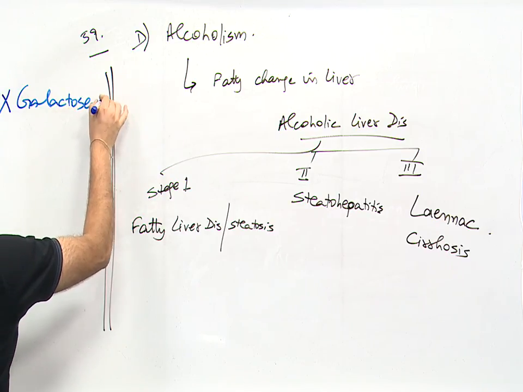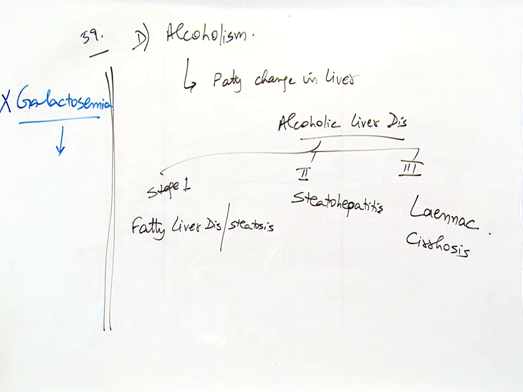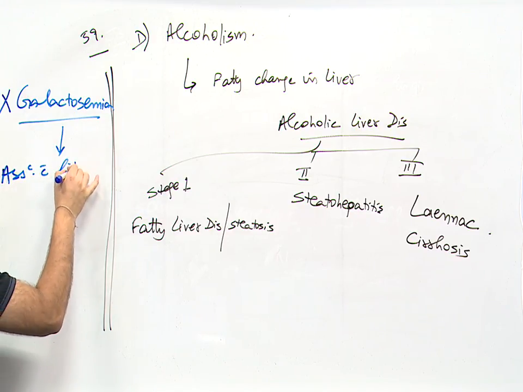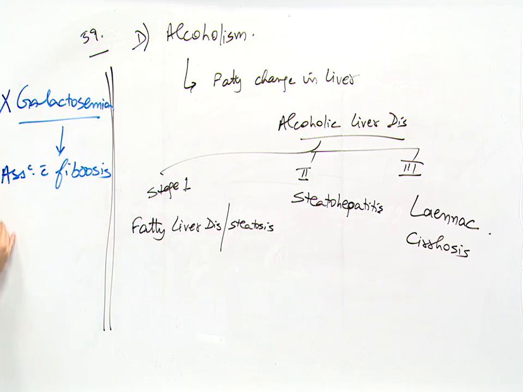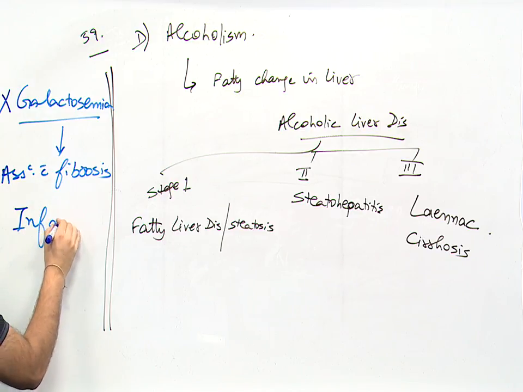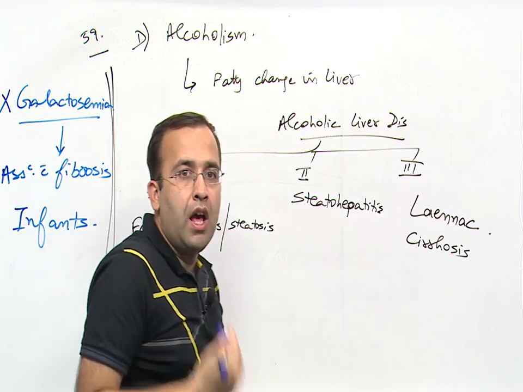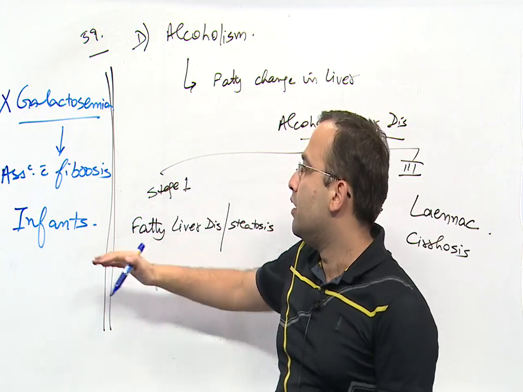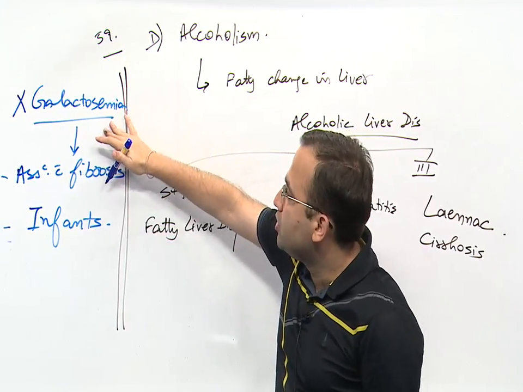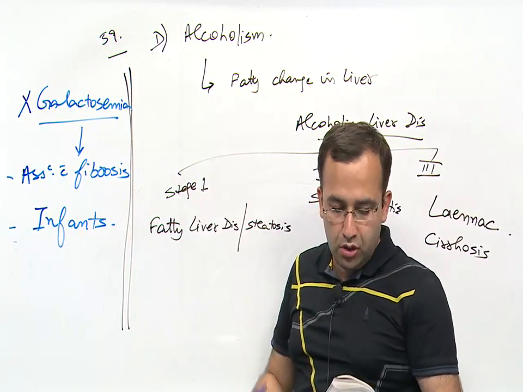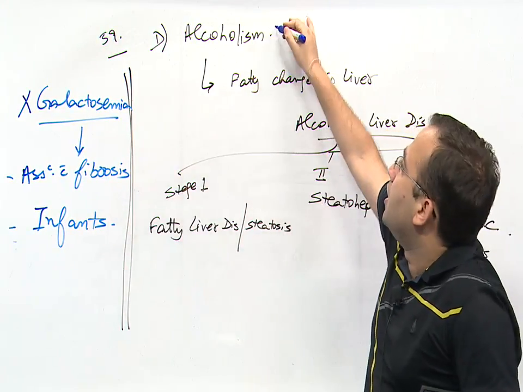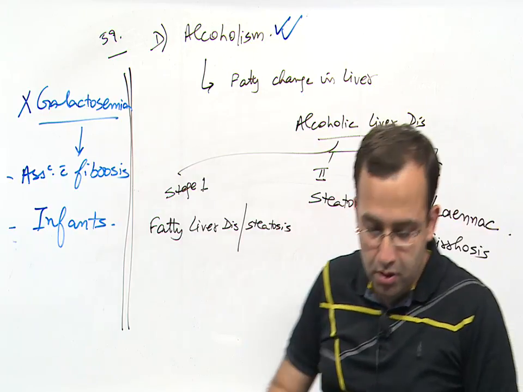Because galactosemia is associated with fibrosis and it is typically seen in infants. Here in the question, neither fibrosis nor infants is mentioned. So the answer is alcoholism.